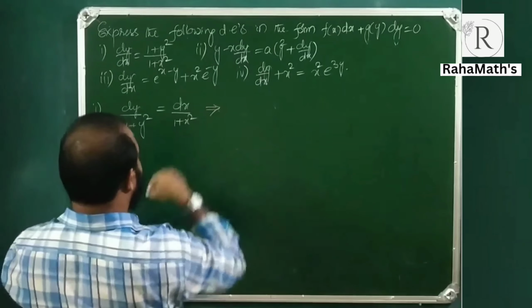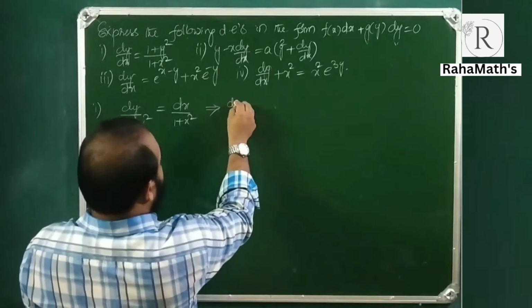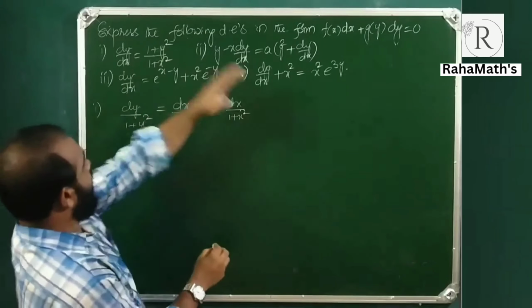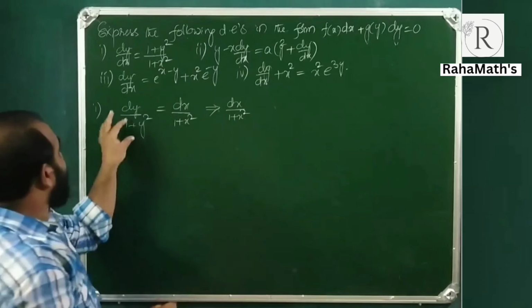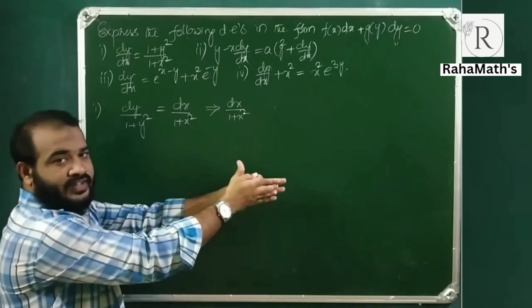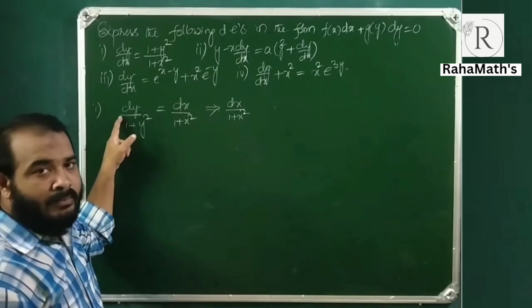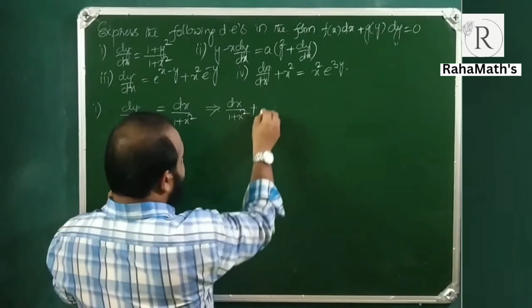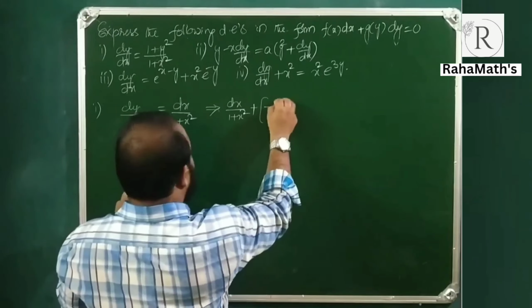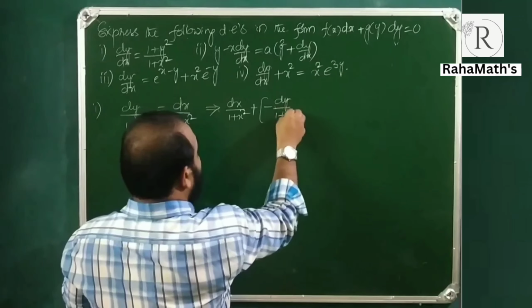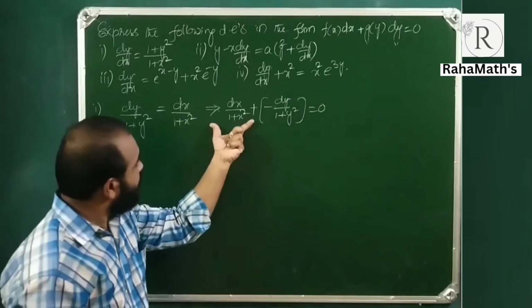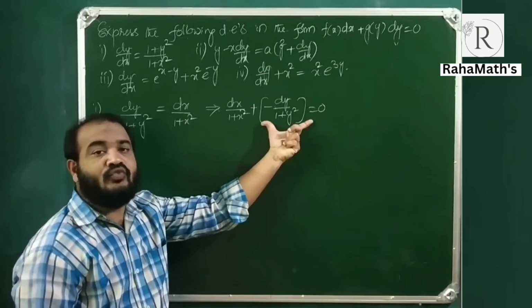Now this can be written as dx by (1 plus x square) minus dy by (1 plus y square) equals 0, since on transposing to the other side, the plus will become minus. This is clearly of the form: a function of x plus a function of y.